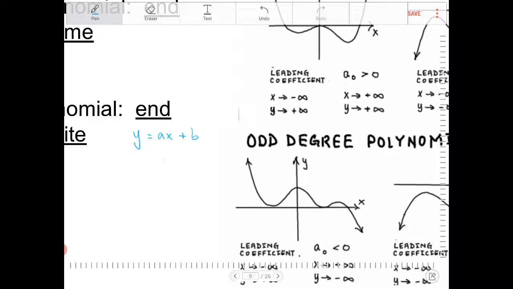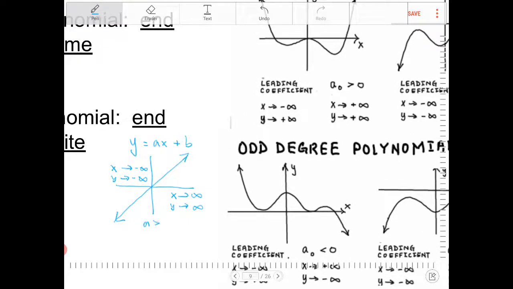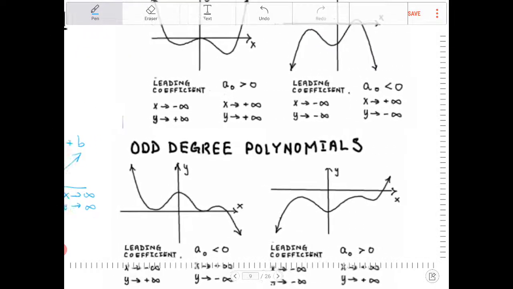So when a is positive, the line is going to go in this direction. You see how x is moving towards positive infinity, y is also moving towards positive infinity. When x is moving towards negative infinity, y is also moving towards negative infinity. This is the same kind of behavior as what I am describing over here.